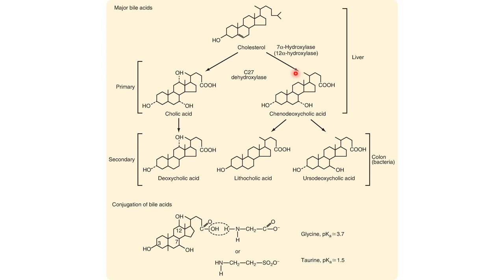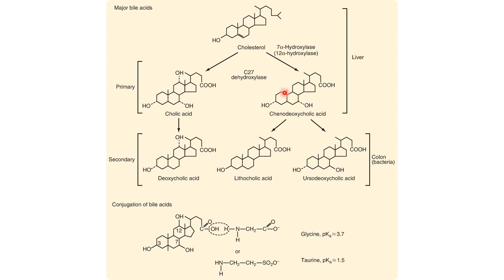Okay, so I think this is carbon number 27. Ito. So the C27 dehydroxylase produces chenodeoxycholic acid. Okay. Next, this will be excreted by the liver through bile.